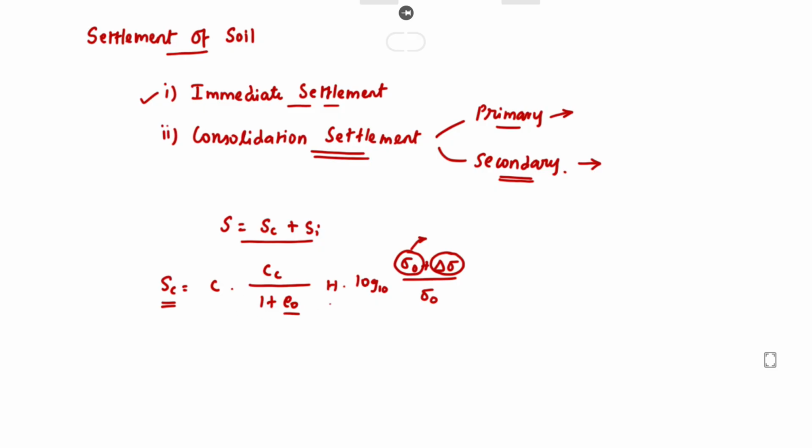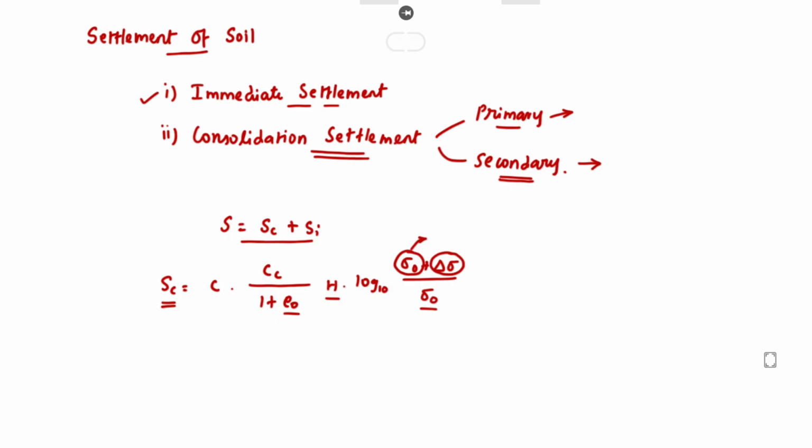The initial void ratio is there, and after that voids will be created due to some overburden. Then H, the thickness of the compression layer, times log of sigma naught, that is the effective stress, plus delta sigma, the change in overburden pressure, divided by sigma naught. So this is the formula we can use to find the consolidation settlement.